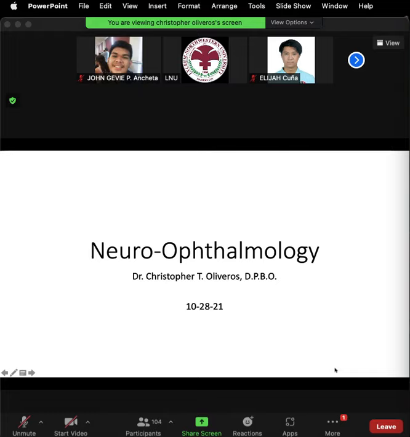Just a few basic things we need to know is that 6 out of the 12 cranial nerves are involved with the functioning of the eye or the ocular reflex. Just as with other portions of the nervous system, the neural pathways involving the ocular system can be separated into the afferent and the efferent pathways.